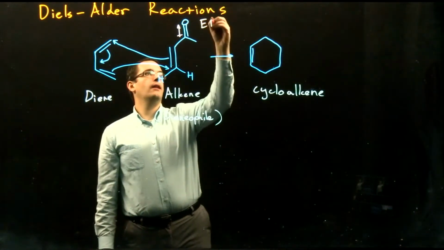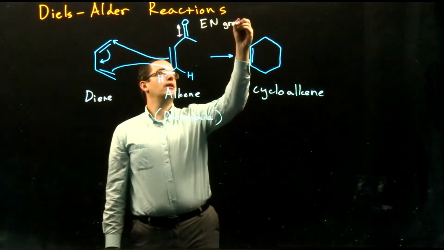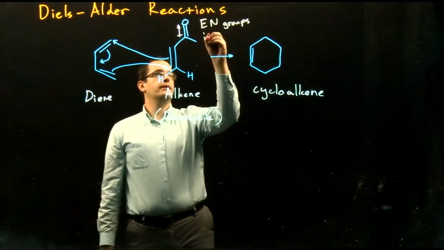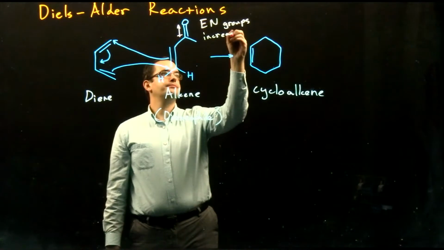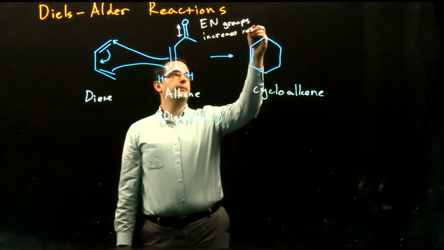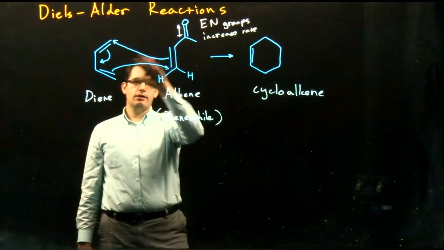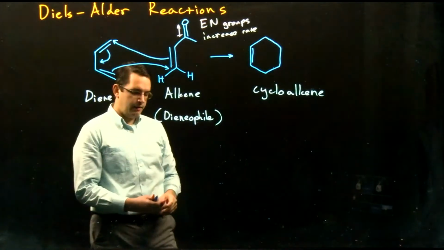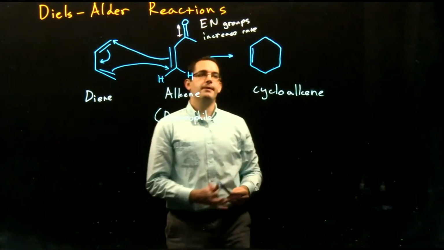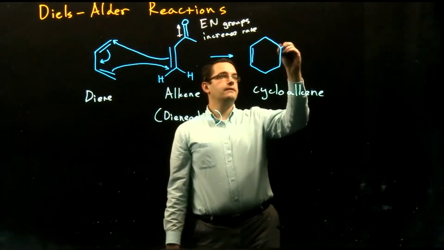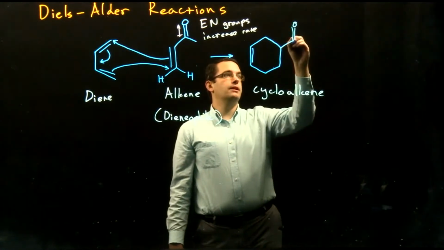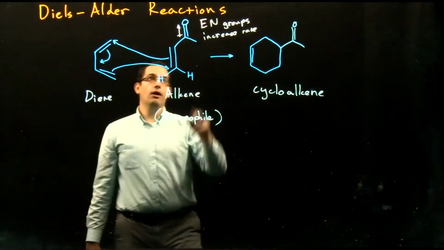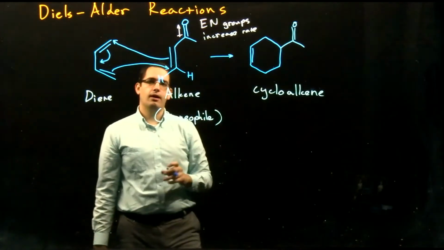So we can say that electronegative groups increase the rate. That will pull electrons away, so that encourages our diene to attack. We would again have our cyclic movement of electrons. Of course, in this case, we would still have our carbonyl up here attached to our product.